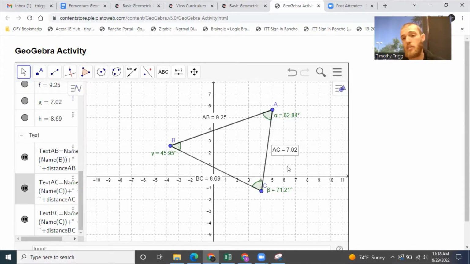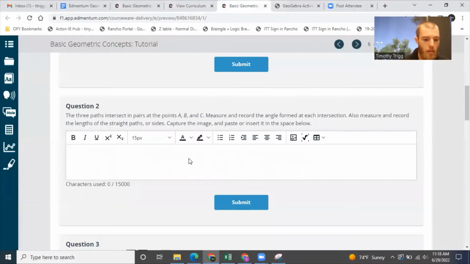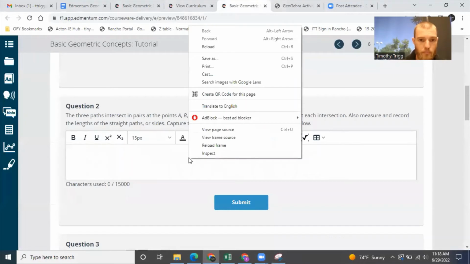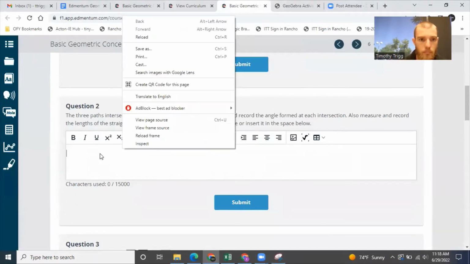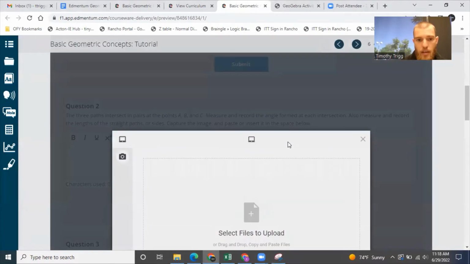Then it asks you to take a screenshot and save it and post it. So I'm just going to use my snipping tool here, grab that, copy, paste. It's not letting me paste, but you can save the image and then insert the image like this.